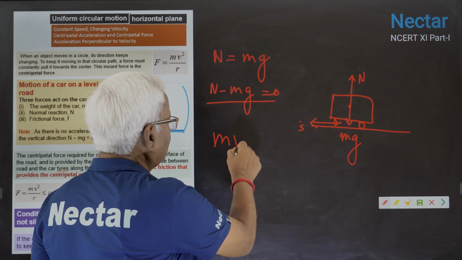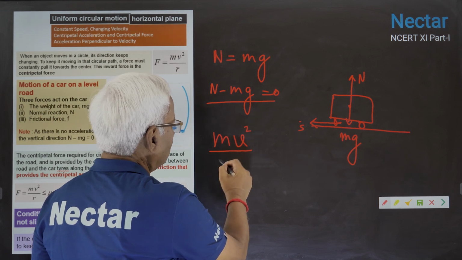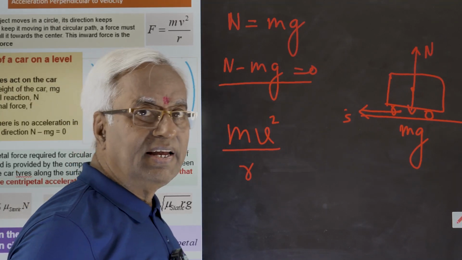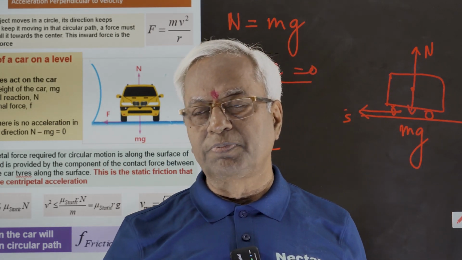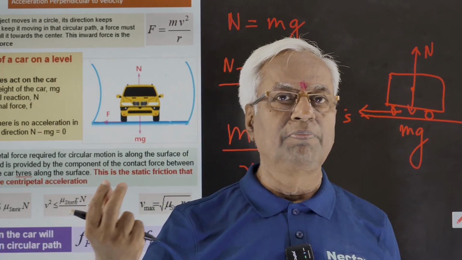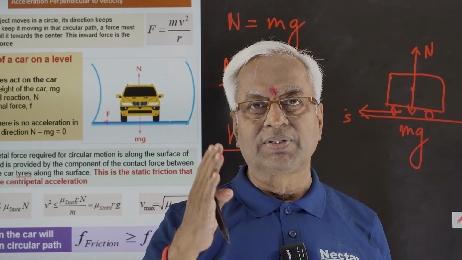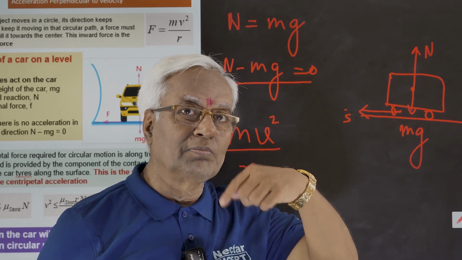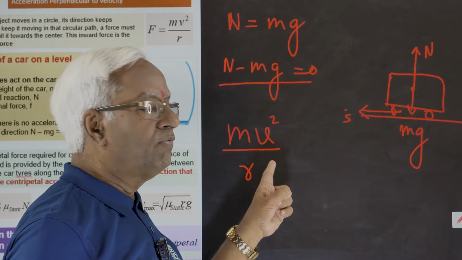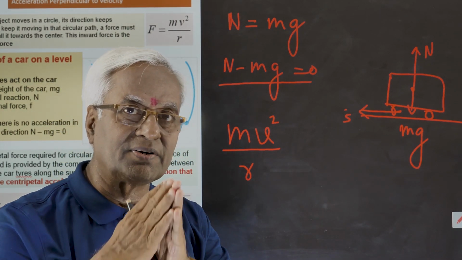Centripetal force is the basic requirement for any kind of circular motion. It's like if you want to purchase some sweet from the shop, the basic requirement is some amount of money. Similarly, for circular motion, centripetal force is the basic requirement.